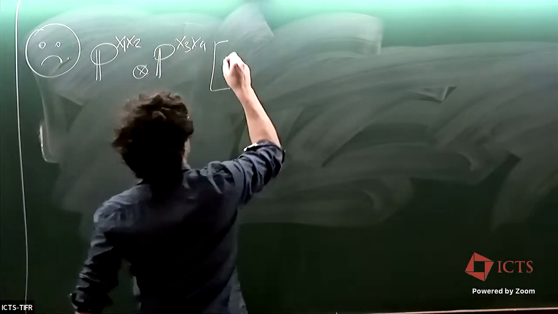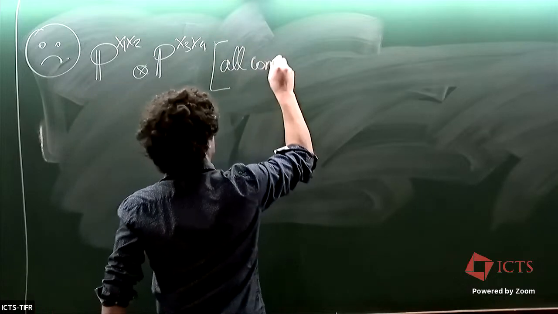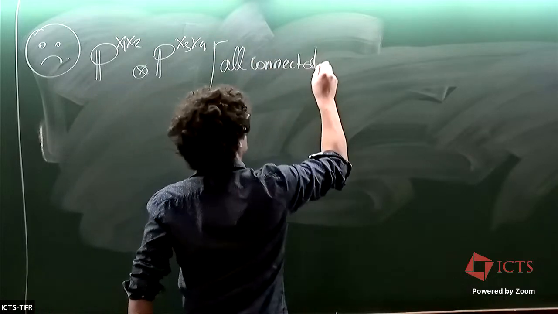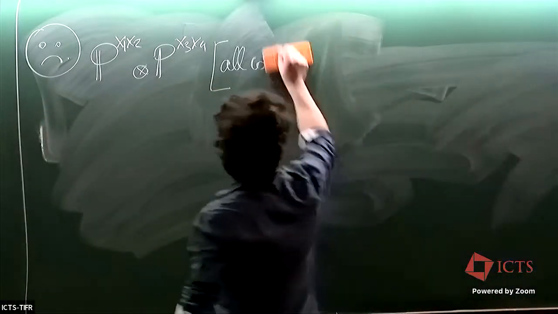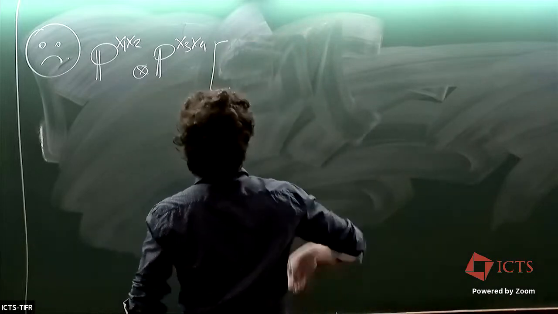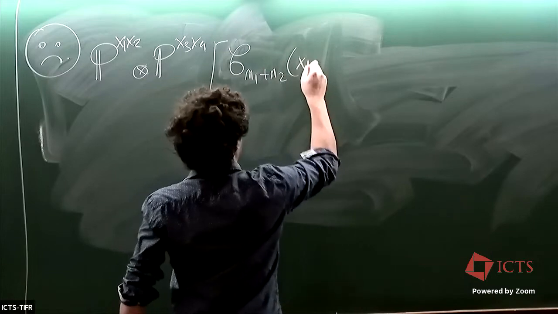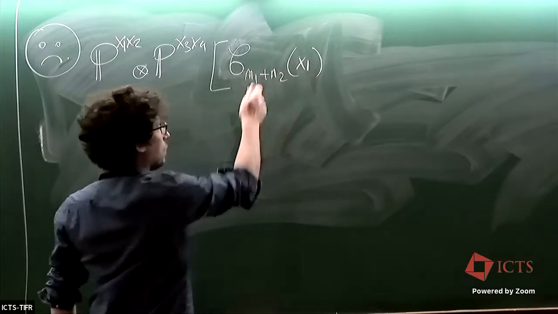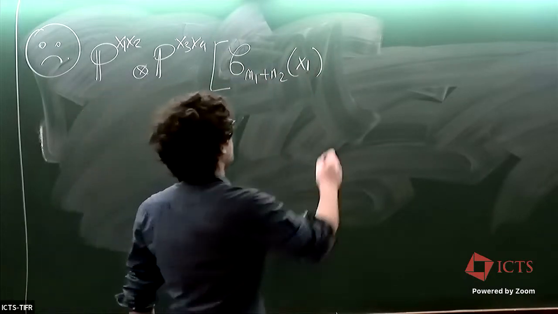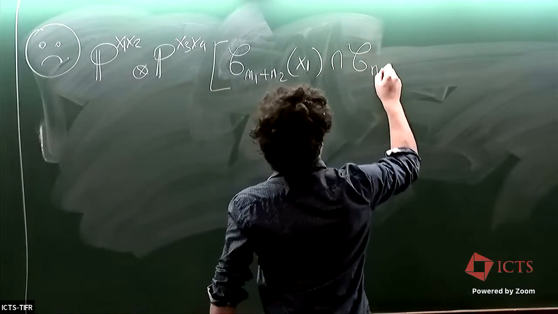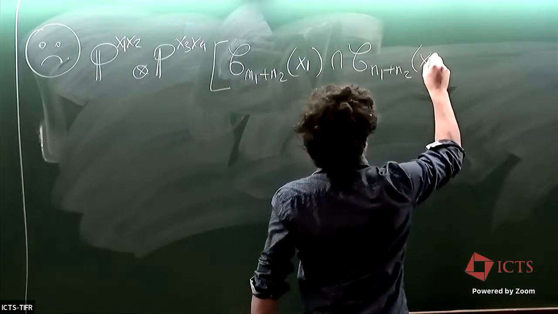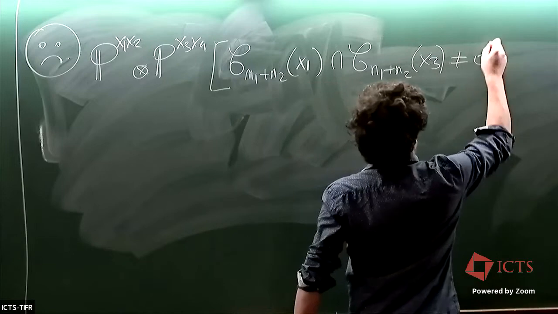The probability that you are all connected, which you can write as the cluster of X1 in N1 plus N2 intersects the connected component of X3 in N1 plus N2.